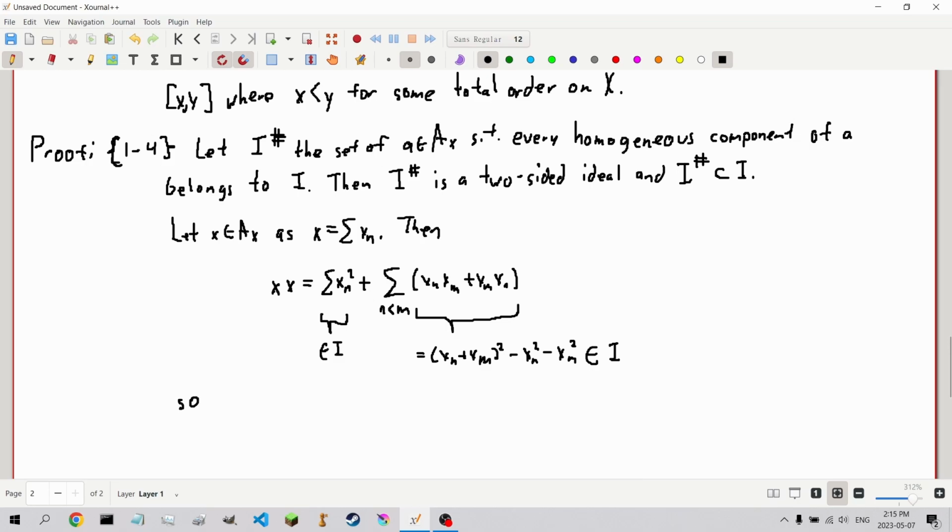So all of the homogeneous components belong to I, so x times x is in I to the thing.